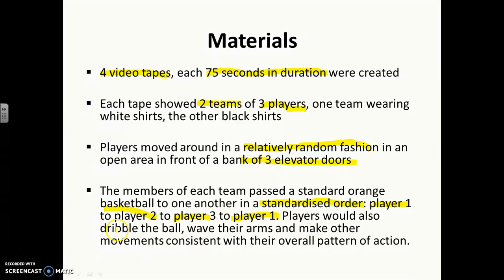Players would also dribble the ball, wave their arms, and make other movements consistent with their overall pattern of action, which means you're going to wave your arms if you're about to receive the ball. So there is quite a lot of standardization there, but at the same time a little criticism in there if we want to use it.